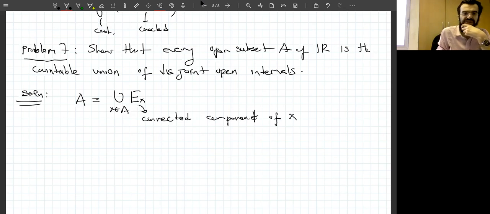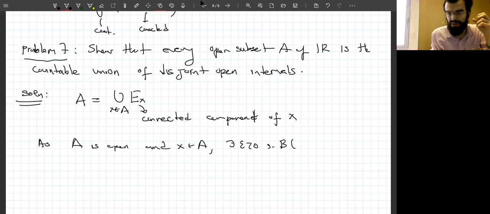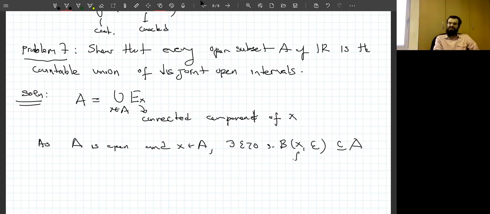So as our set A is open and x in A, there exists epsilon such that the ball B(x, epsilon) is contained in A. These are connected sets. Any ball is connected. In fact, it's convex, connected, and containing x.